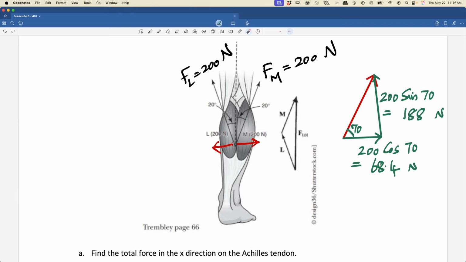You can see that the force is 200 Newton on both the muscles. It's 200 Newton here. It's also 200 Newton here. So I have shown you how to resolve the force. So here you have the 200 Newton and then you set up a triangle where you have the X component and the Y component, okay?